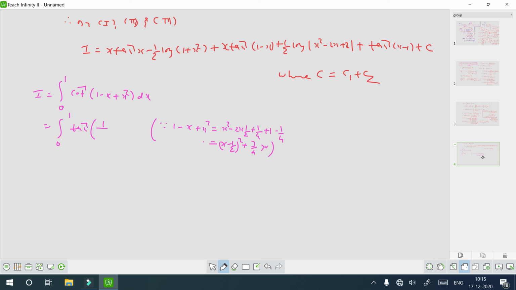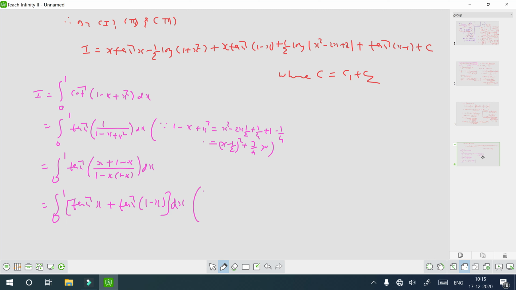Tan inverse of 1 upon 1 minus x plus x square into dx. That is equal to tan inverse. Can I write here 1 minus x into 1 minus x? Here also we can write it x plus 1 minus x into dx. And that is equal to 0 to 1 tan inverse x plus tan inverse 1 minus x into dx.